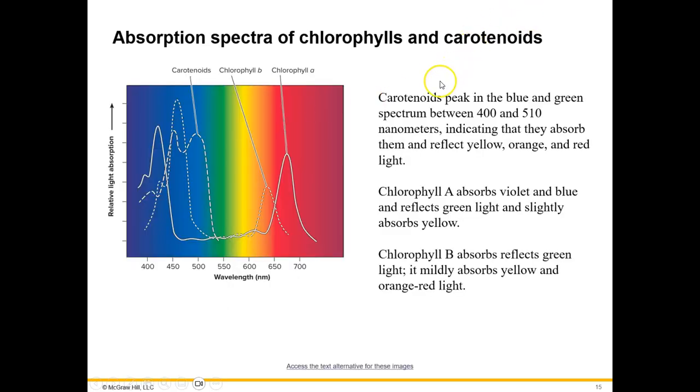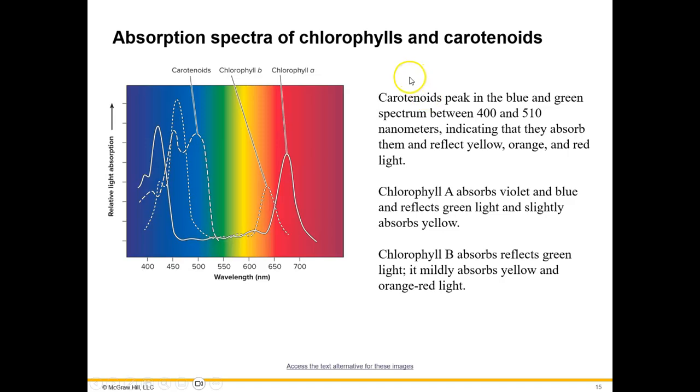Let's look at it this way. Here we have a graph showing the wavelengths relative to the light absorption for these different pigments. You can see chlorophyll A here. It absorbs violet and blue light, and that's shown by the peaks. The peaks show us where those pigments are absorbing, which means they're reflecting what's not in the peak area.